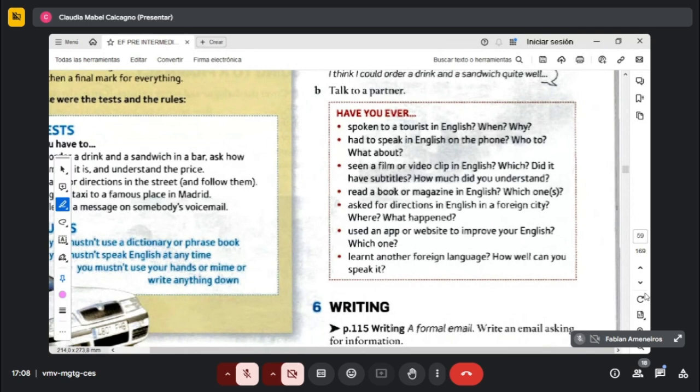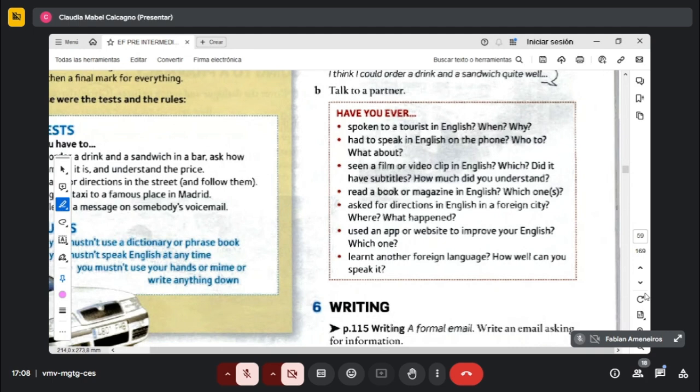Try watching films with English subtitles. Okay, so not in Spanish, but in English. Because usually you're very good at reading in English, so this is a first step to start not using subtitles, but try to watch films with English subtitles.